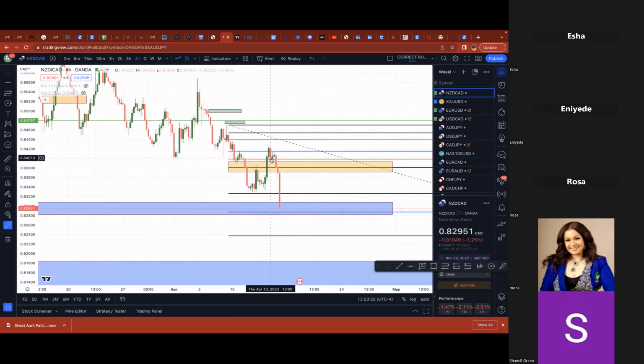Now we put our entry for the 61.8. And see, this is the reason why I said put it a little bit below the 61.8, because had you put it at the 61.8 for this one, it might not have gotten you in, but it might have also got you in, because look, this green candle right here came out and then it tapped you in right here.